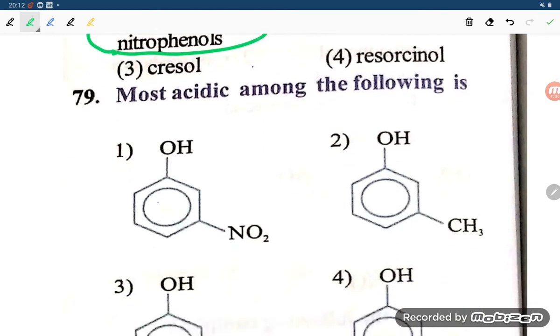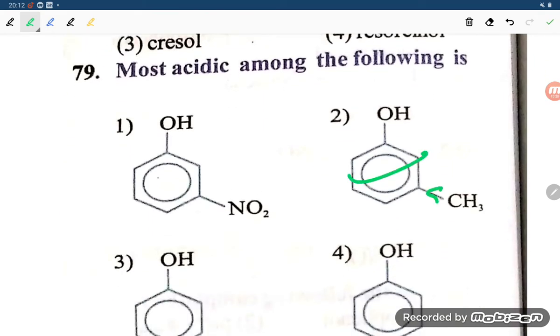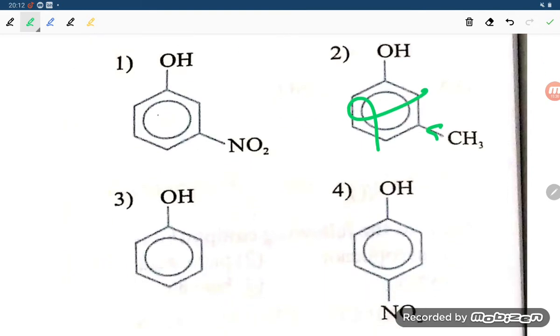Most acidic among the following. This is an electron donor group. This is wrong. This is an electron withdrawing group. This is also an electron withdrawing group.